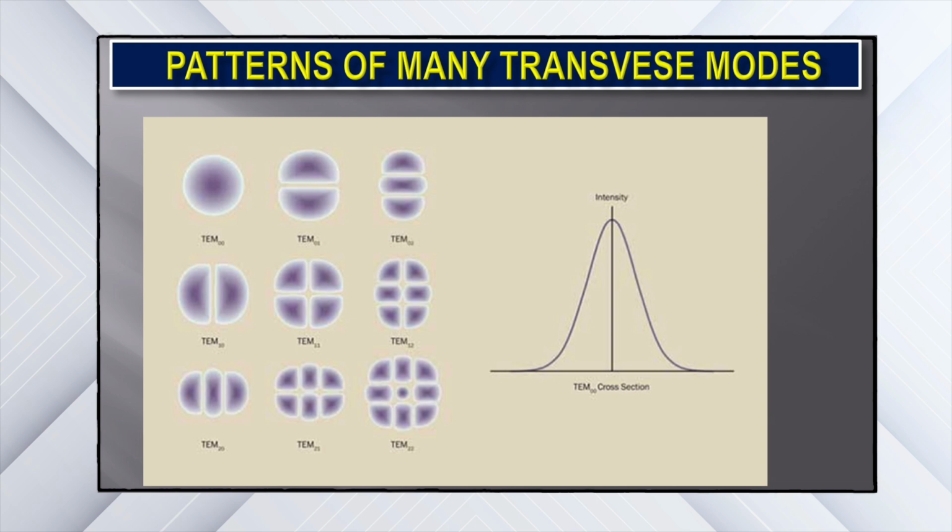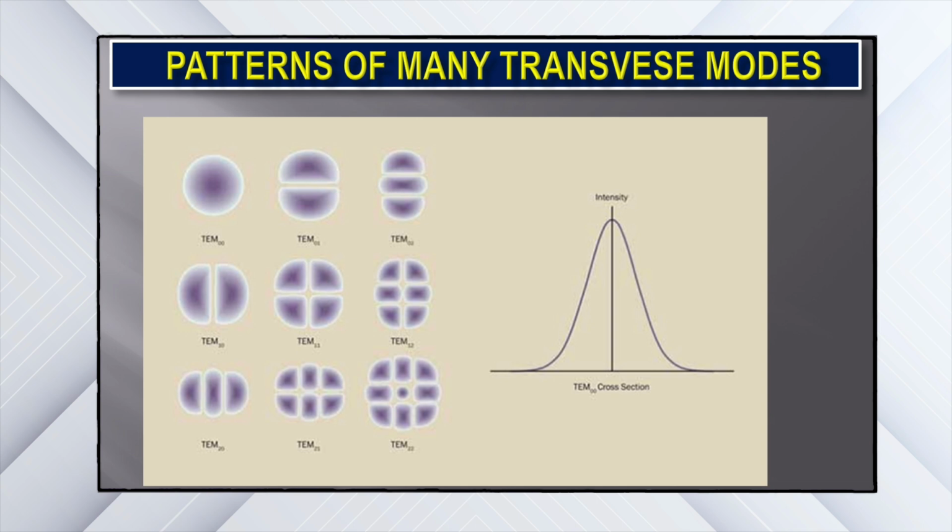A Gaussian nature means that at the midpoint, the intensity will be very high. Compared to the intensity at the midpoint, all the sides will be exponentially falling off. It will be rapidly coming down. That is why we say it's a Gaussian profile.